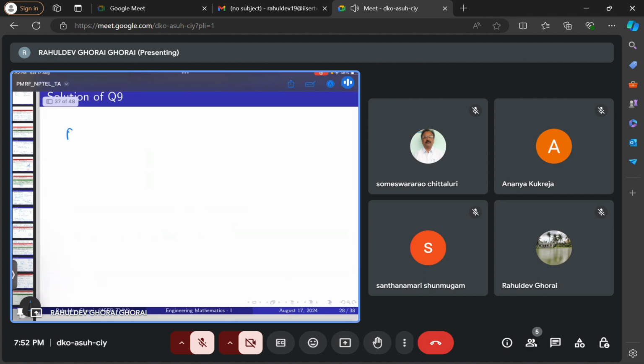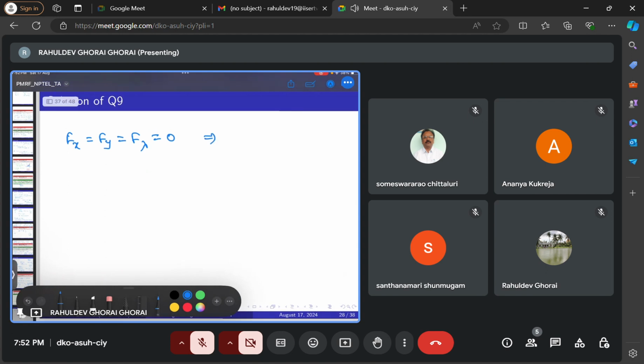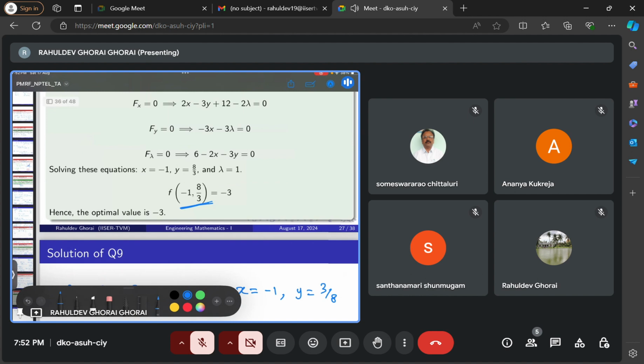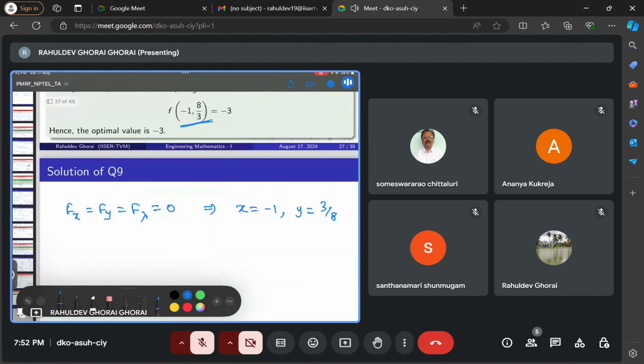So Fx equal to Fy equal to F lambda equal to 0 gives you x equal to minus 1, y equal to 8 over 3, and lambda equal to x, so lambda also will be minus 1.